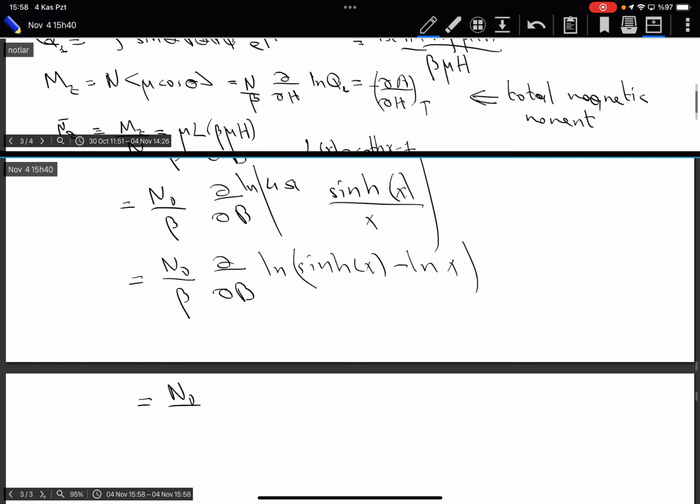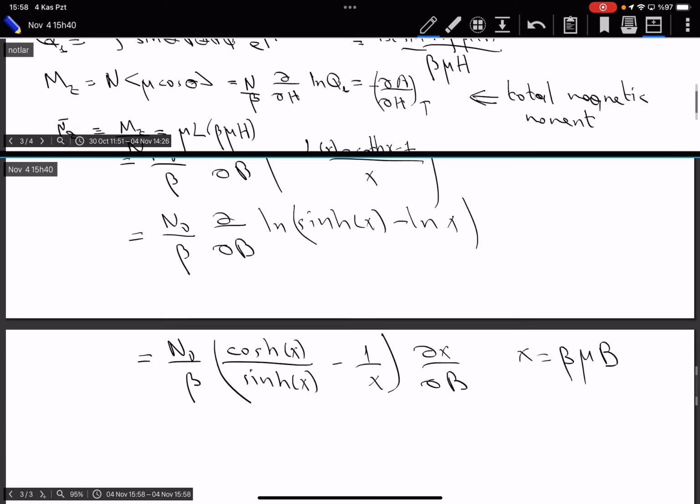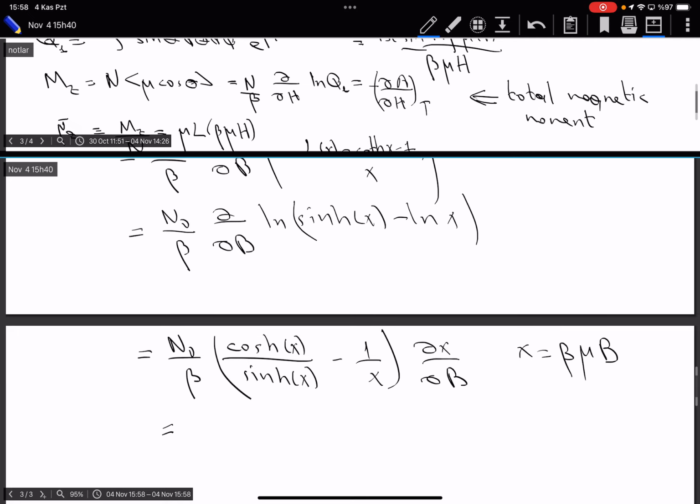So this is N0 over beta, derivative with respect to B. First let me take the derivative with respect to X. The derivative of sinh is cosh, minus 1 over X. And then the derivative of X with respect to B, where X, remember, is beta mu B. If you take the derivative of X with respect to B, you get beta mu.